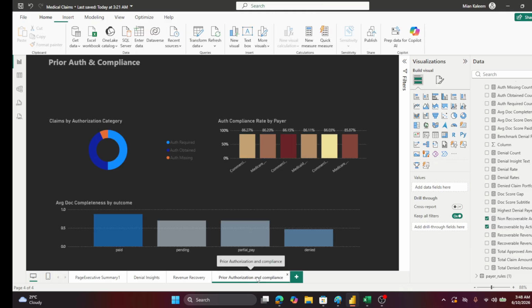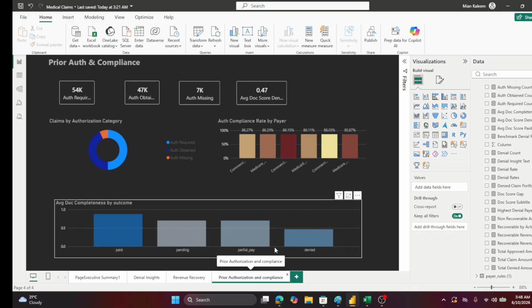And in this dashboard we will work on prior authorization and compliance.